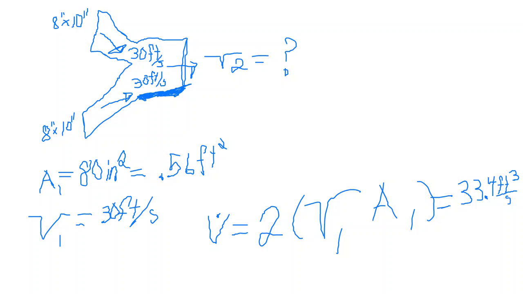All right. Now, what is A2? Which is 18 inches times 14 inches. And that equals what? What is 18 times 14? I can do it in my head really quick.